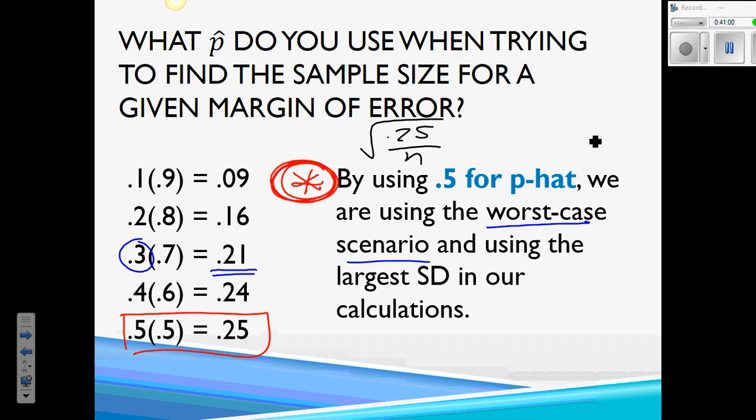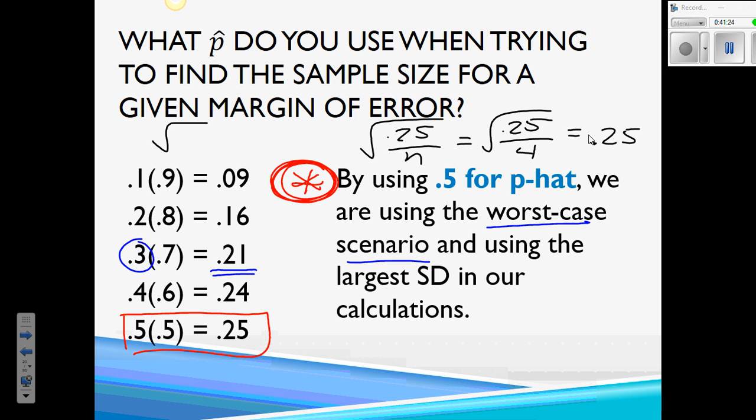So for instance, if you want to choose n to be, I don't know, 4, type 0.25 divided by 4 in your calculator. Take the square root. That's 0.25. Can someone confirm that's still 0.25? Yeah. Okay.